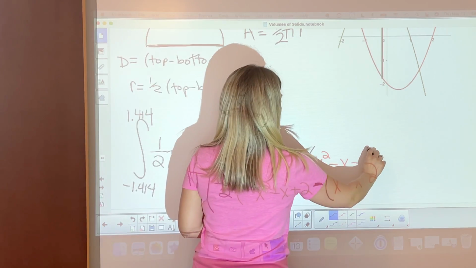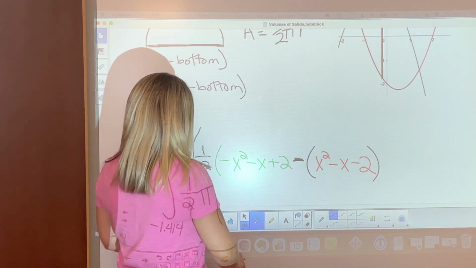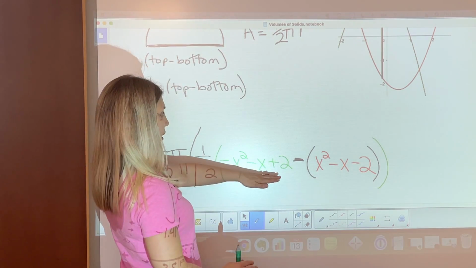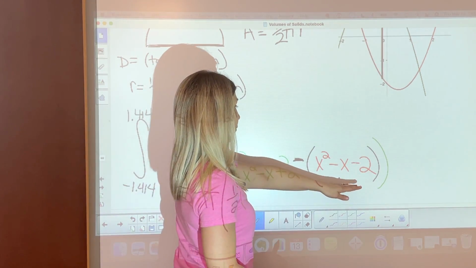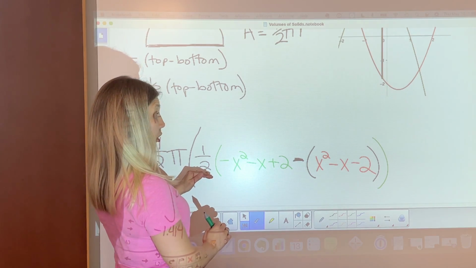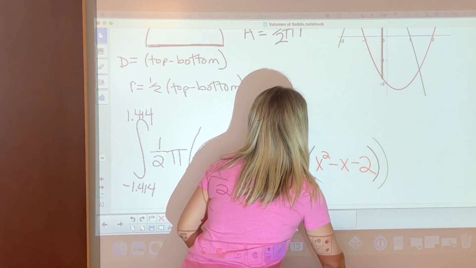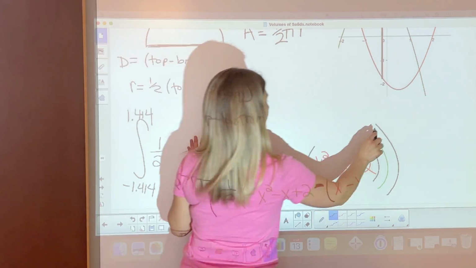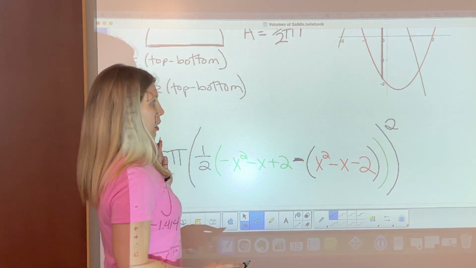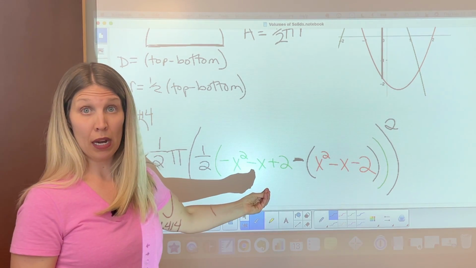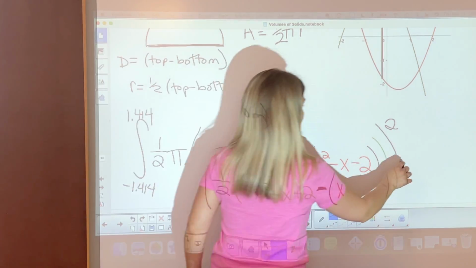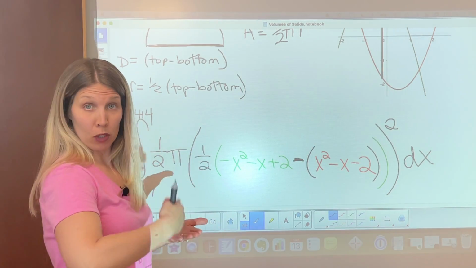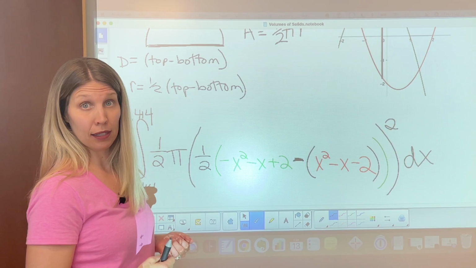Okay, so now I'm going to end this parenthesis. Then I'm going to end the green parenthesis. So this is our top minus our bottom, but this 1/2 is included in our radius. So I'll close that parenthesis, and that big old parenthesis has to be squared because that whole thing is your radius. And then dx, of course, to provide the volume aspect because we're stacking them along the x-axis.